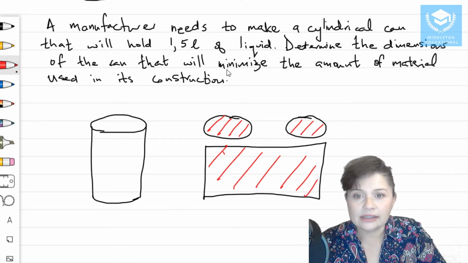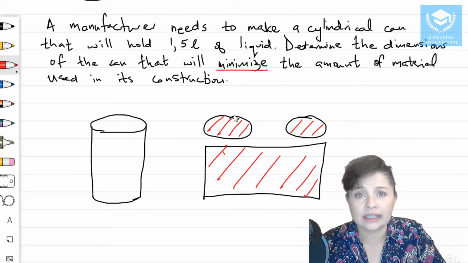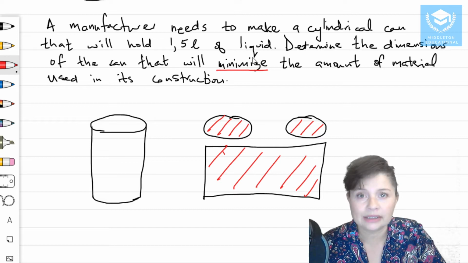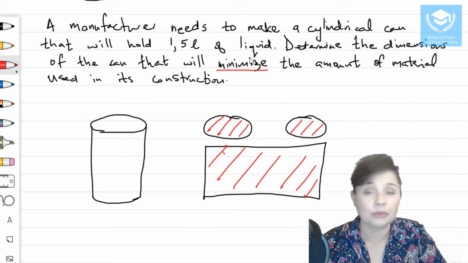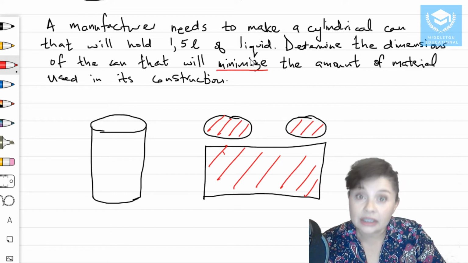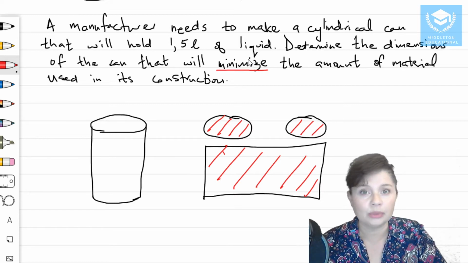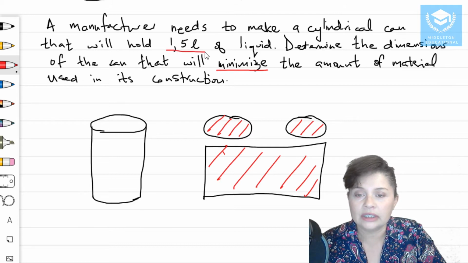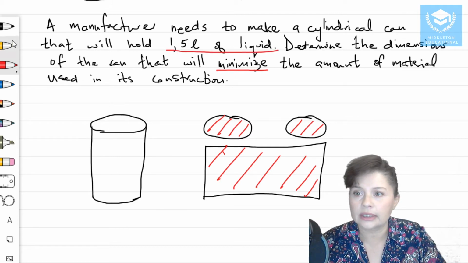And whenever they say minimize, it means you have to find the derivative of something, because where you have a minimum or a maximum value, the derivative is always zero, whether you're doing optimization or curve sketching. Okay, then it also says that it will hold 1.5 liters of liquid.